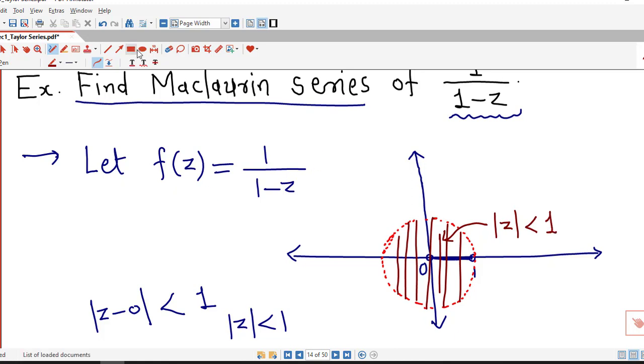So this function is analytic in this open disk. Therefore, by Taylor's theorem, we can find its Taylor series with center z equal to 0, which is valid in this open disk.